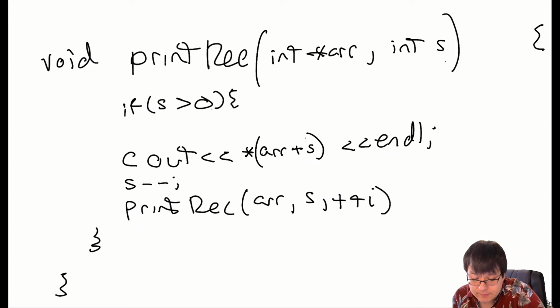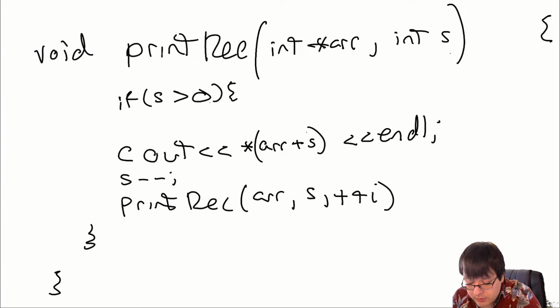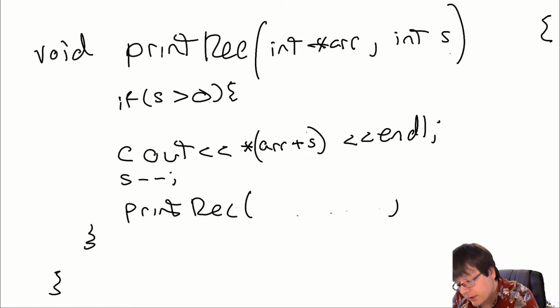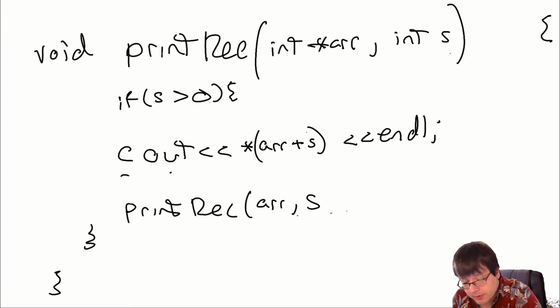And now we just need to modify this. So for this, we can say AR and then S. In fact, here let's do the S minus minus and the recursive call, minus minus S.